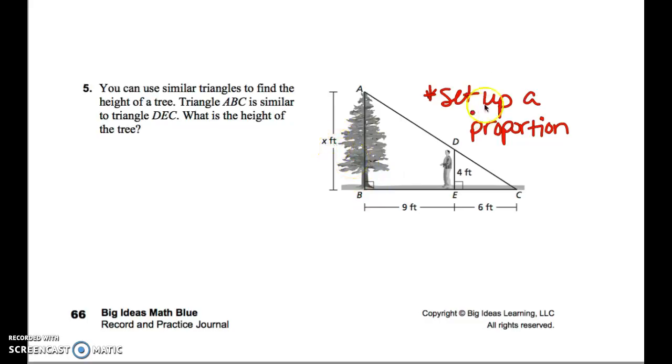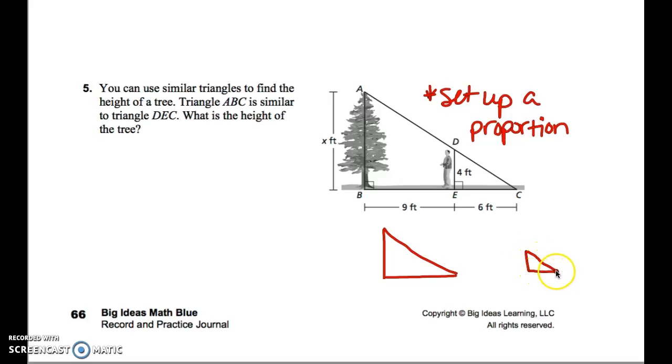Okay, and I told you that if you use one shape as the first fraction and the second shape as your second fraction, that'll set up your proportion really nicely. So I have 2 triangles that I'm comparing here. I have ABC, which is the bigger one, and I have DEC, which is the smaller one.